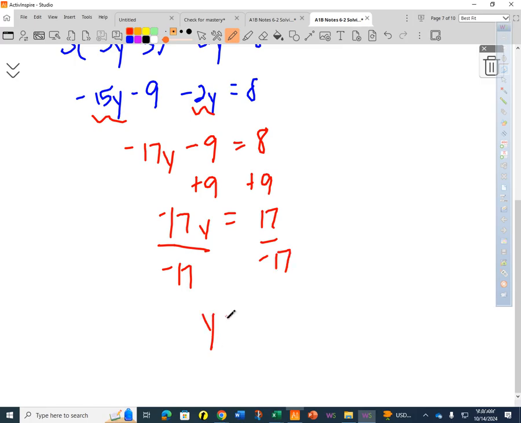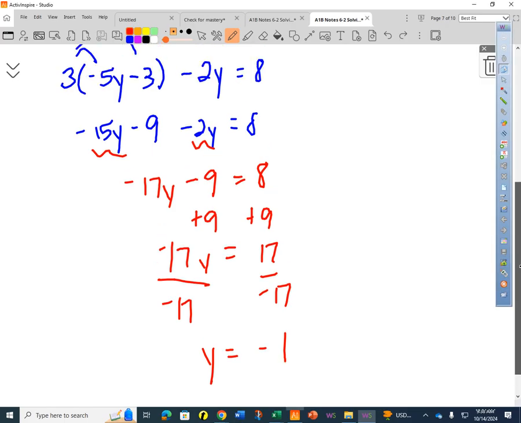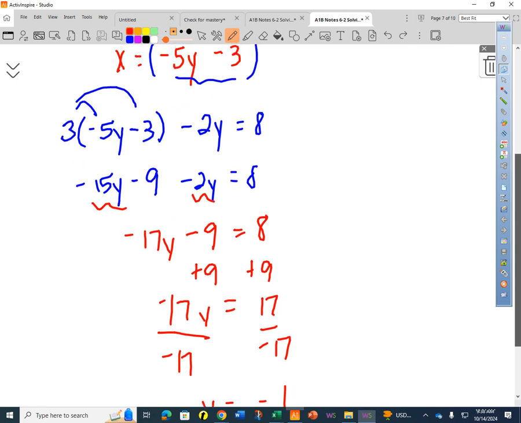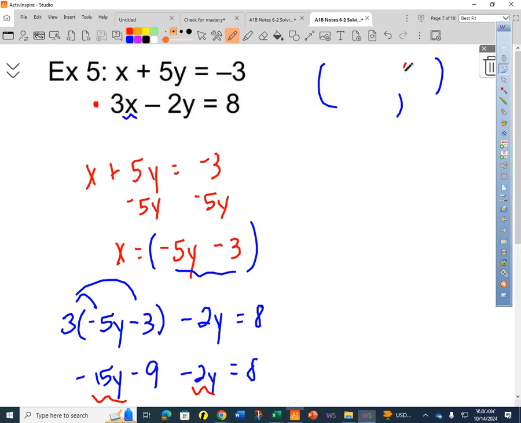So now I know that y is negative 1. I know that my variables did not disappear, so it's not a special solution. I know that my y coordinate for my answer is going to be negative 1. So up here, I already know part of my answer. You guys need more time? Let me just go back down.